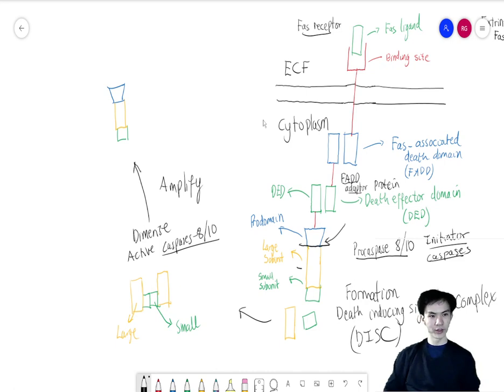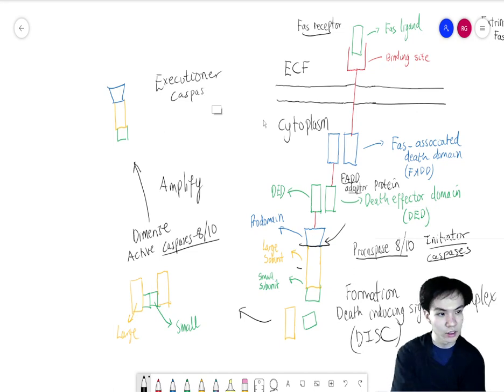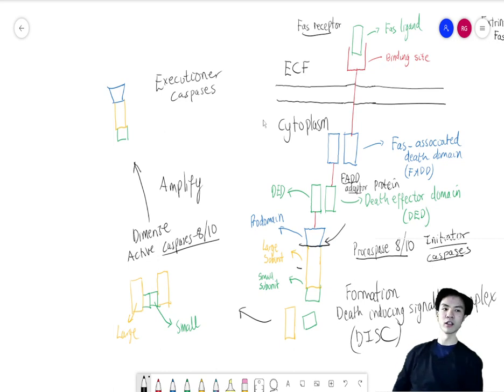But what we need to activate as well are our executioner caspases. That's rather befitting, and they're going to be the ones actually carrying out the sentence, the ones executing the cell.